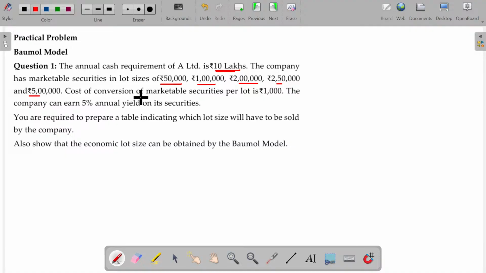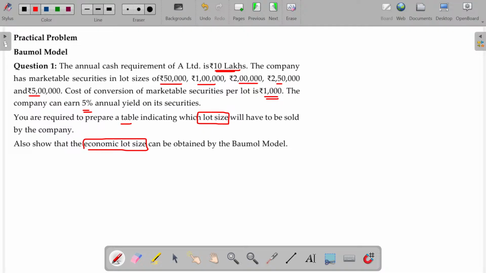Cost of conversion of marketable securities per lot is 1000. The company earned 5% annual yield on its securities. You are required to prepare a table indicating which lot size will have to be sold by the company. Also show that the economic lot size can be obtained by the Baumol model.